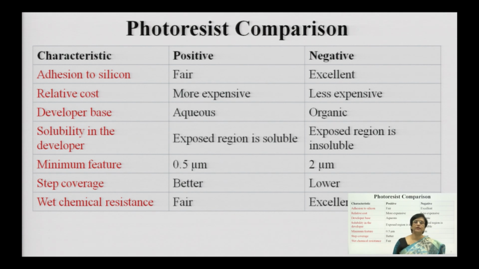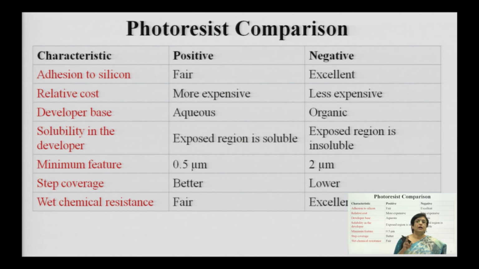But different properties are obtained, as we are going to study the properties of photoresist, depending on what outcome you want from the photolithography. You want good resolution, whatever is on the mask, the same you want onto the wafer, and that property is very well exhibited by the positive photoresist. Their adhesivity is also very good, and that is why they are mostly used in IC fabrication.